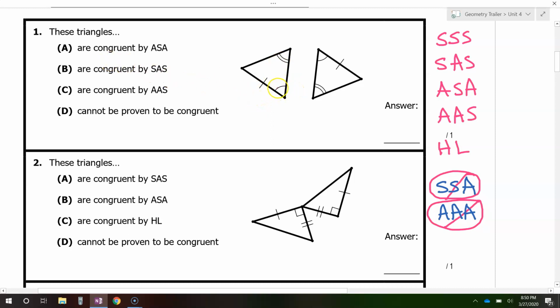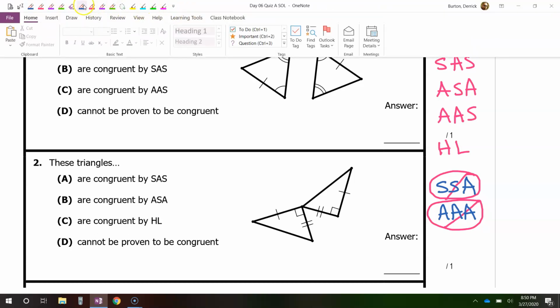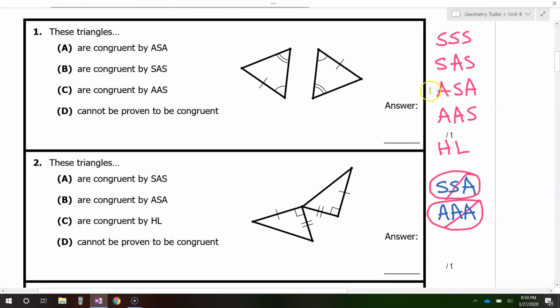So looking at the first problem, I see that we have 2 angles and a side that are marked congruent. 2 angles and a side. So look down these options and see which ones have 2 angles and a side. Well, let's see. This one has 2 angles and a side, and this one has 2 angles and a side.